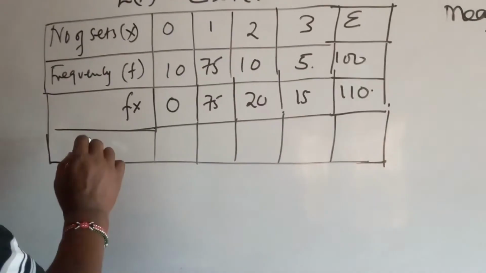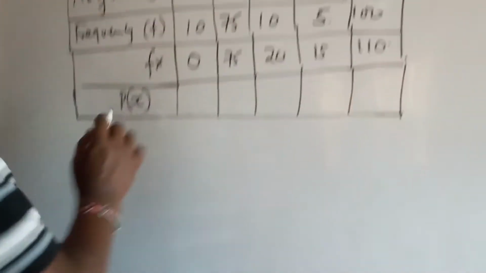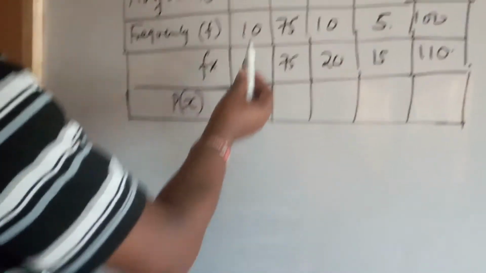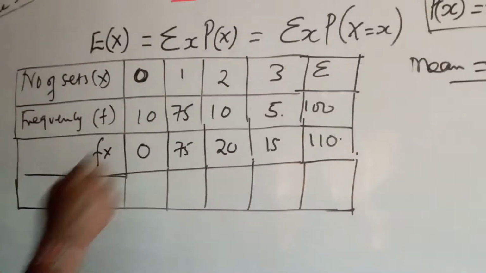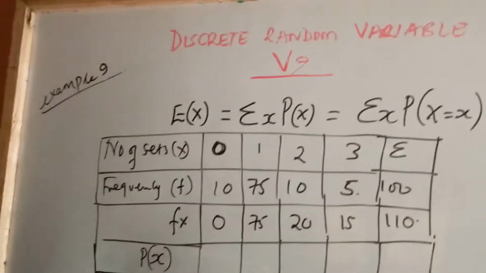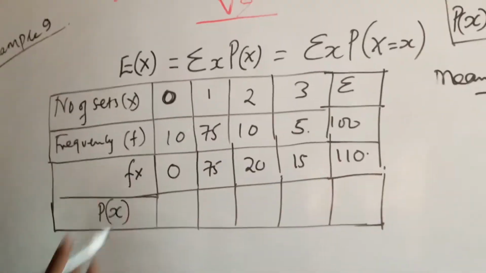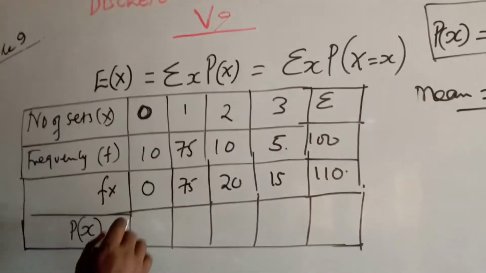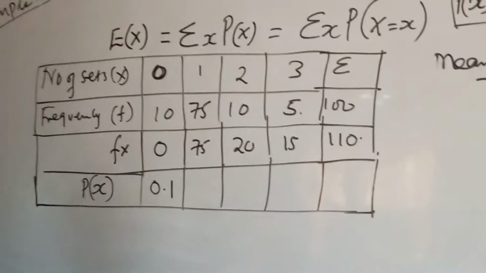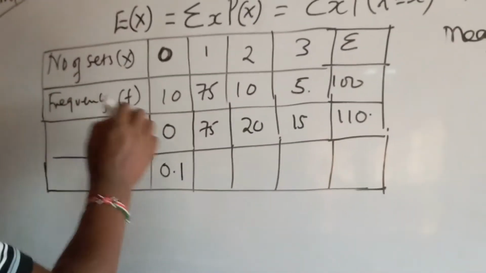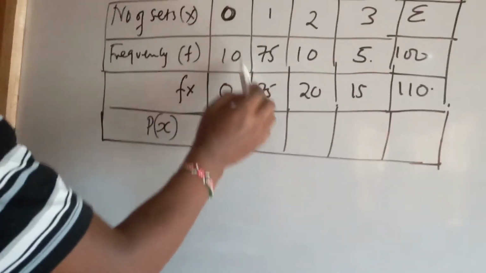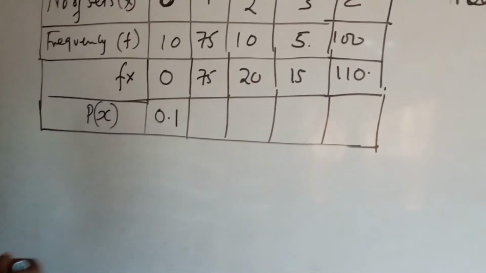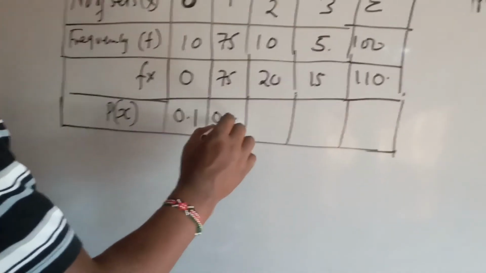And we have the probability of x. What is the probability of picking a household with 0 television sets? We can only land on one of the 10 houses out of the 100, which is 0.1. The probability of finding a house which has one television set: we can only land on one of the 75 households out of a total of 100 houses, which is 0.75.